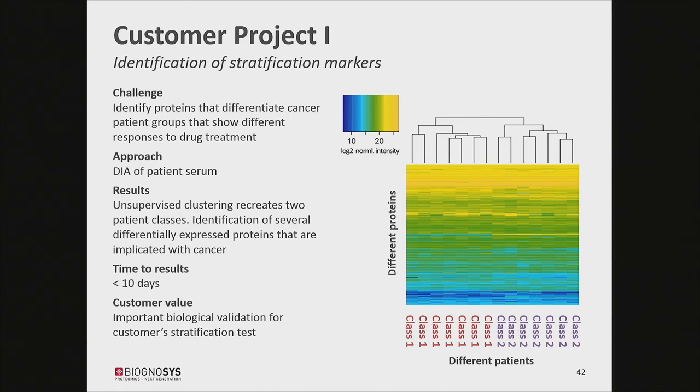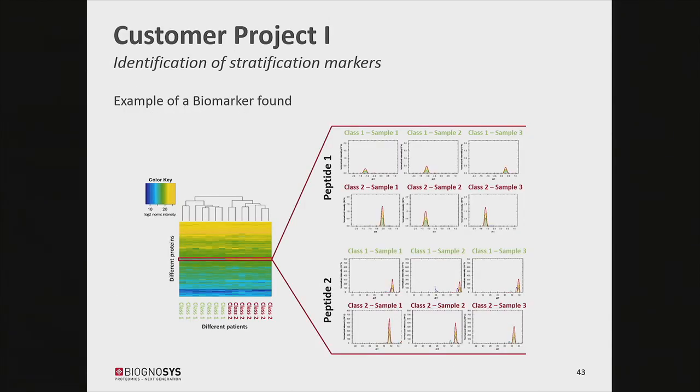But secondly, they could also find many biomarkers which they already thought were differently expressed between the 2 groups. And this was also interesting to see. We were also very quick in delivering the results. This is because we don't do any fractionation, so we can deliver the results very fast, within less than 10 days.